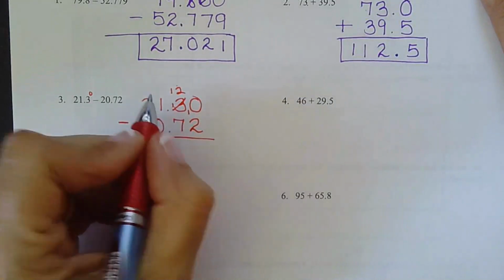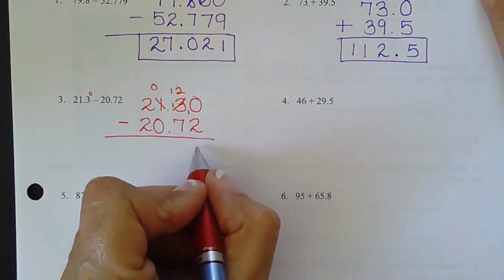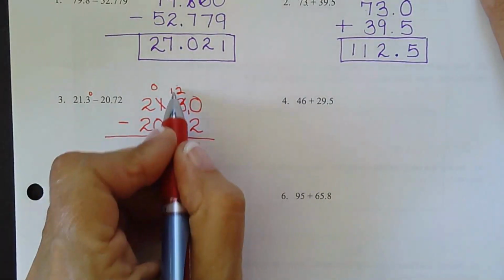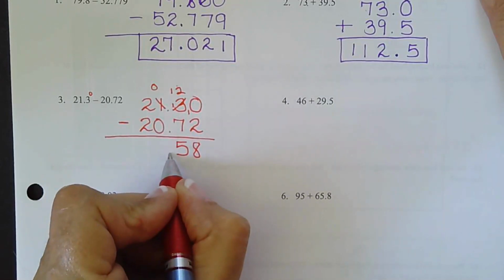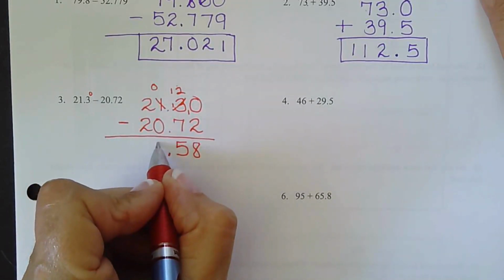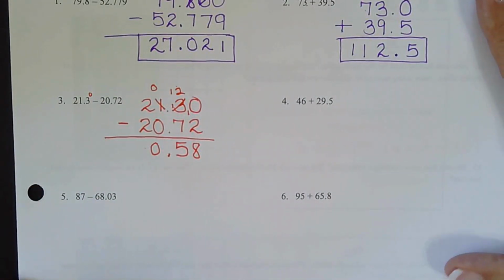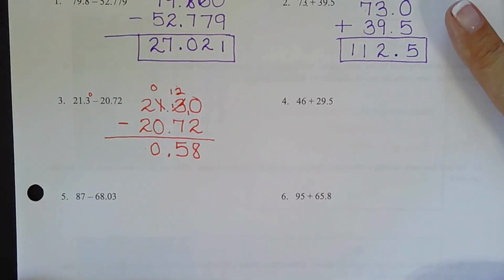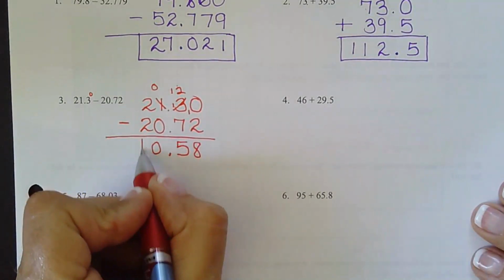Because we have to borrow again. 1, make it a 0. 10 minus 2 is 8. 12 minus 7 is 5. Decimal straight down. 0 minus 0 is 0. 2 minus 2 is 0. So we don't need to put 2 zeros in there. So the answer is 58 hundredths. Hope everybody did okay on that one.